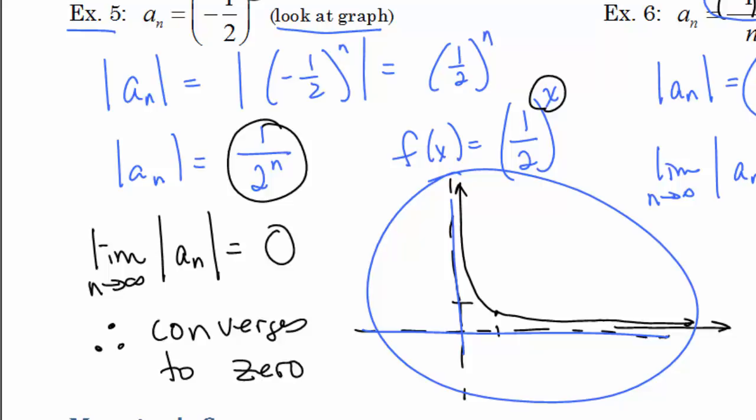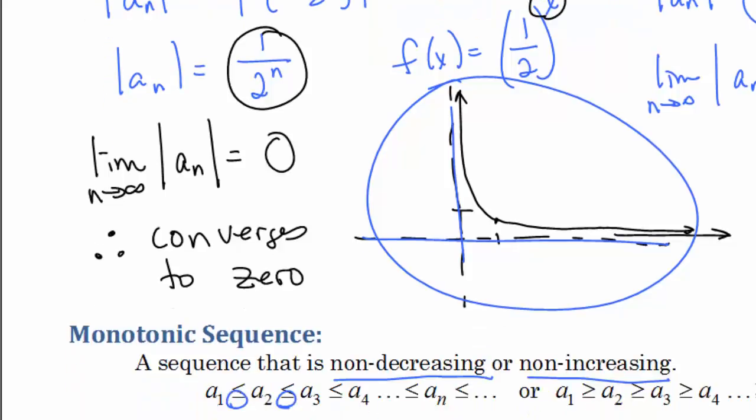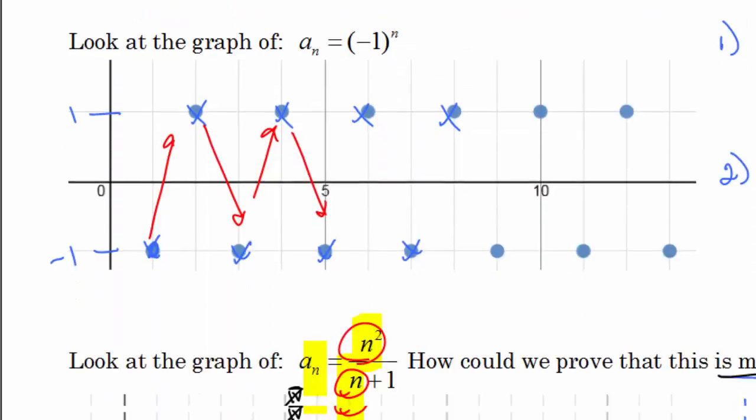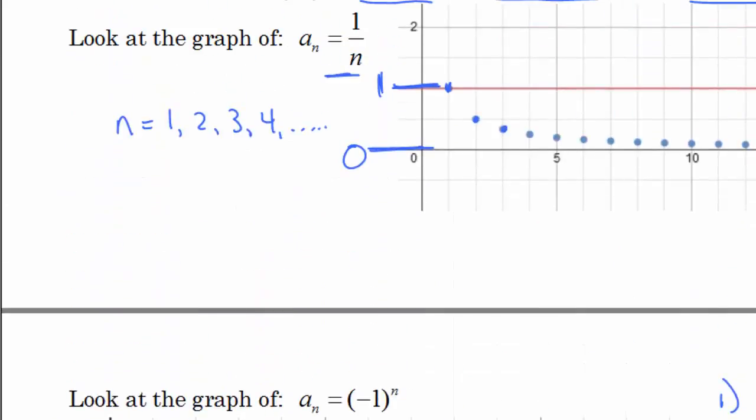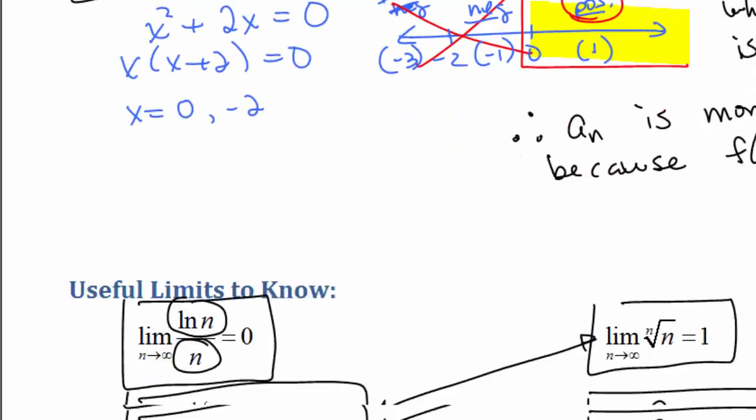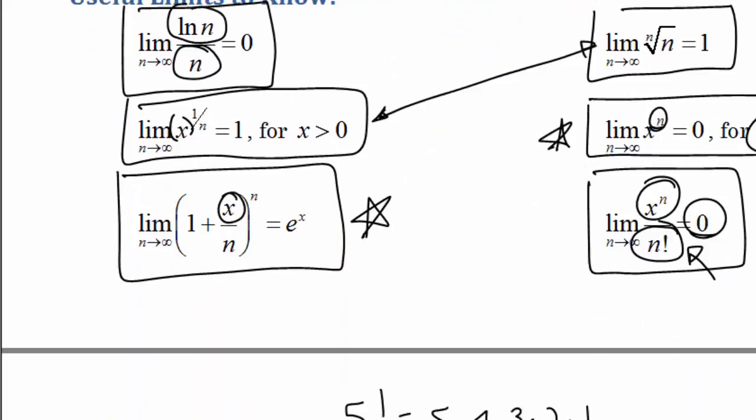If the limit of the absolute value equals 0, then we can say the limit of the given sequence is 0. And you also need to be aware of what monotonic means. And again, some really good limits to review.